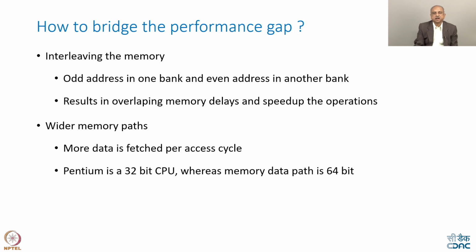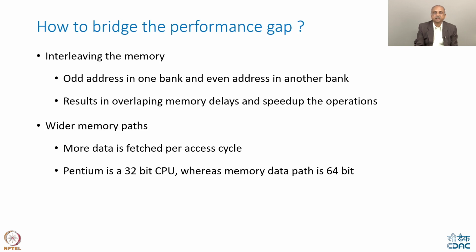Another thing that is tried is increasing the memory bandwidth. While the speed cannot be increased, one can always increase the bandwidth by taking a wider memory path. What it means is that in one cycle, which continues to remain slow, you are getting more data.